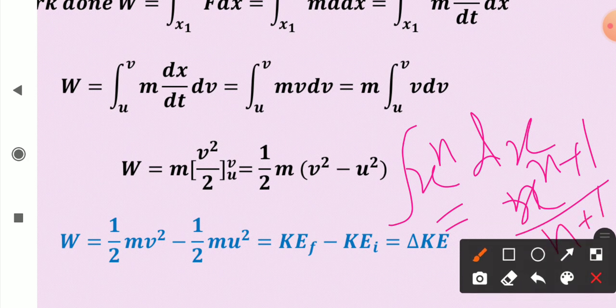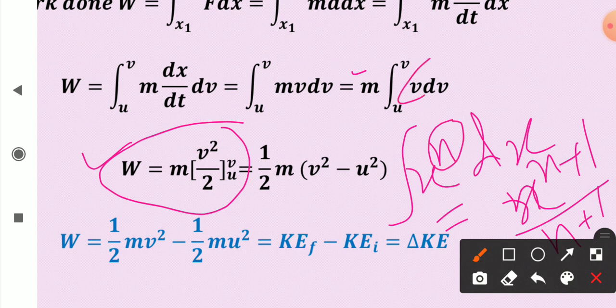So using this relation, I can write work done is equal to m outside as it is. Here power n is equal to 1, so the power increases by 1, giving v square upon 2. Now this 2 is constant, so taking the constant outside, you get half m.